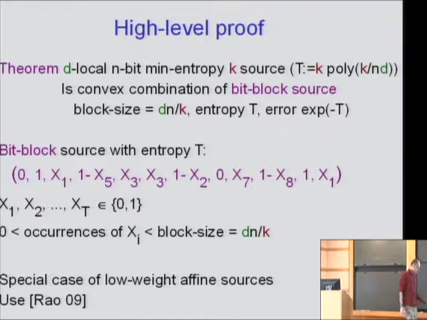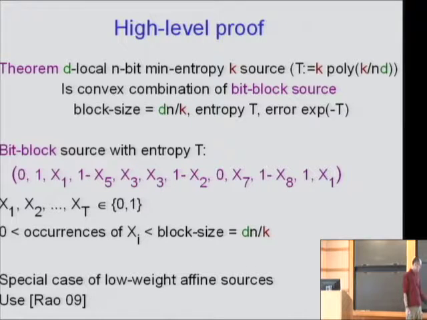This happens to be a special case of low-weight affine sources, which were introduced and studied by Rao, who gave very good extractors for them. The extractor from the previous slide can be obtained by plugging this theorem together with Rao's extractor.